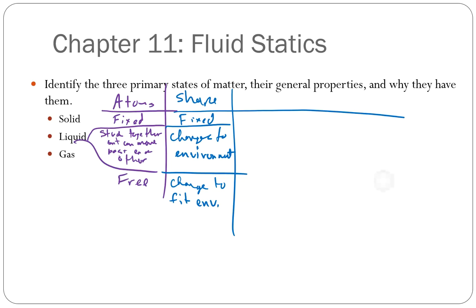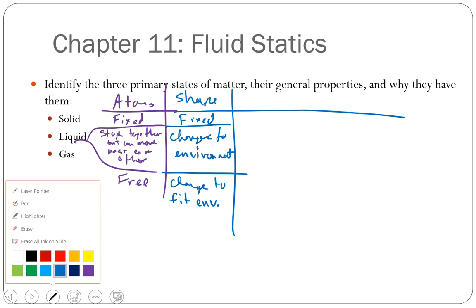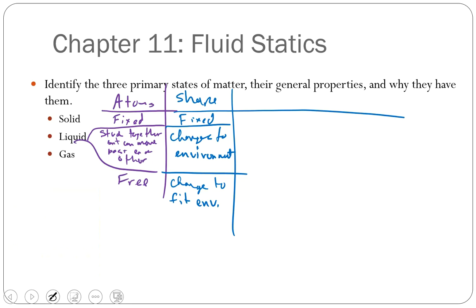The last one that we talk about is the volume. And so a solid with the atoms fixed, its volume is fixed. A liquid with the atoms free to move past each other but not able to get away from each other, that's also fixed.